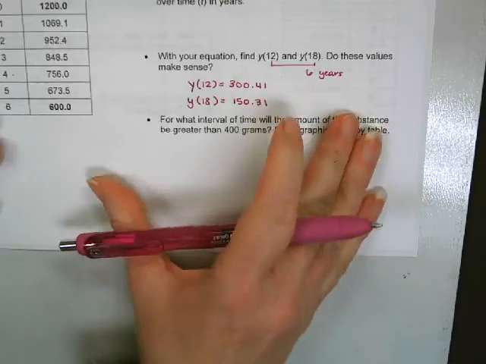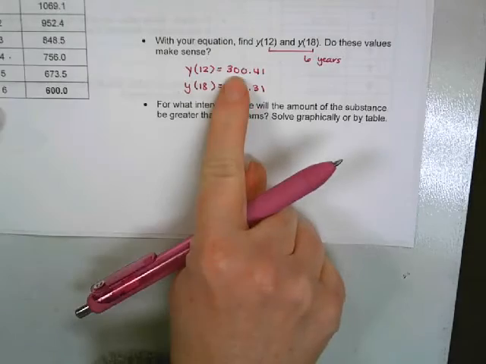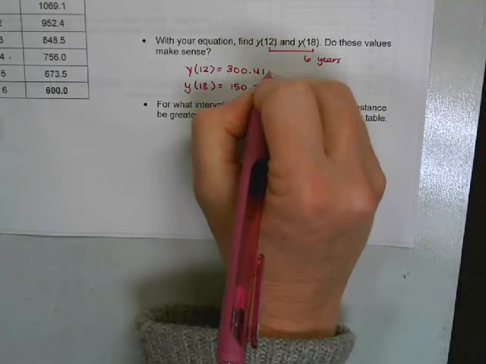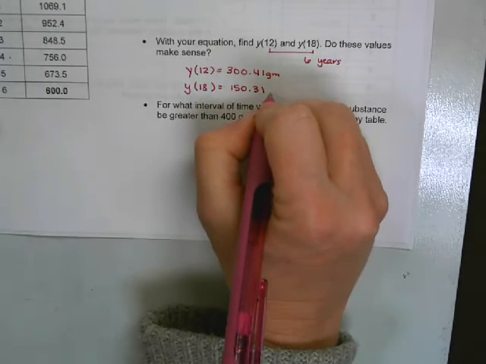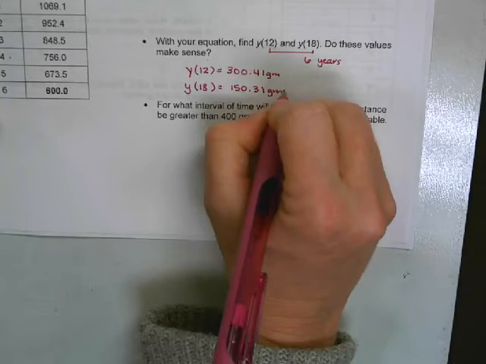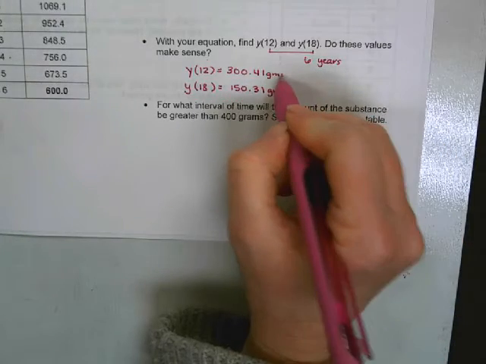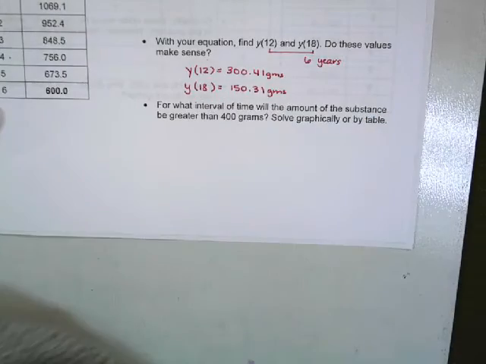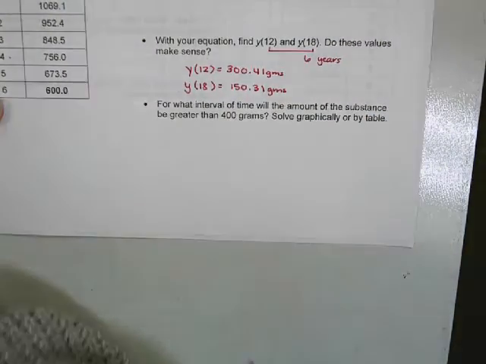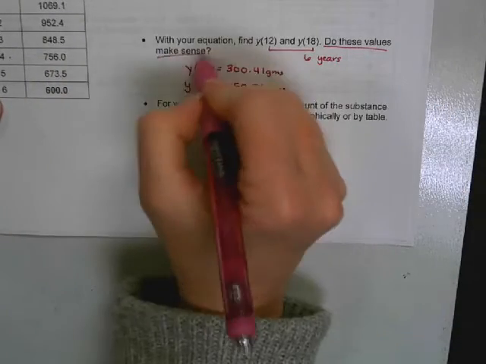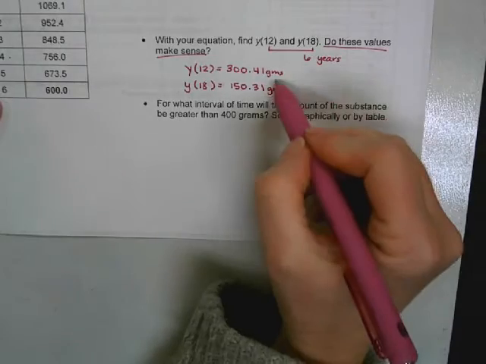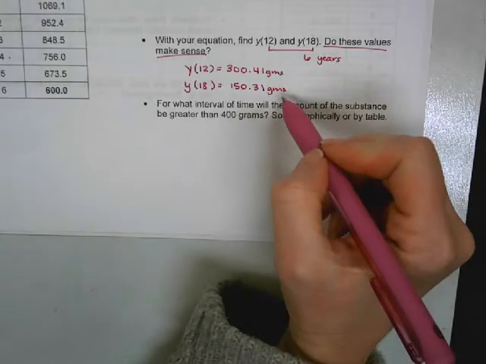So if you look at what we got, I got 300.41 grams for year 12, and then 150 grams for year 18. Those are 6 years apart. Do those two data values make sense? That's what they're asking. Yes, because 6 years later, it's about half of what it was.